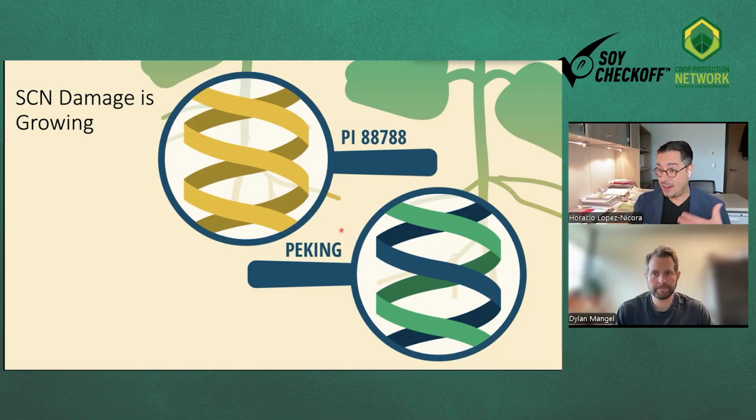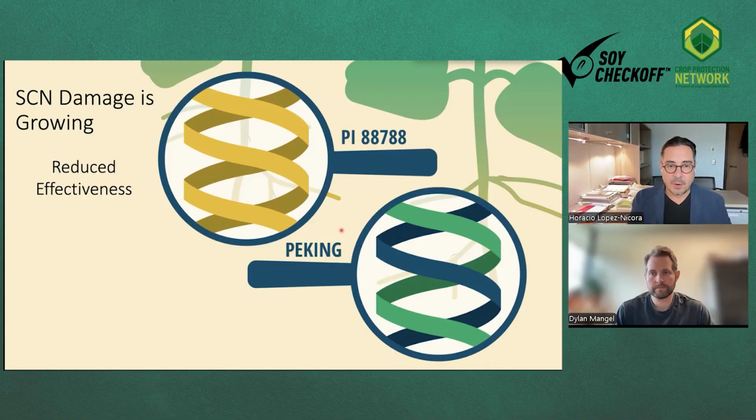Dylan will talk later about the risk of using Peking recurrently. So we want to avoid that. We want to avoid using Peking recurrently, because it will shift the virulence to allow the nematode to reproduce on Peking as well.